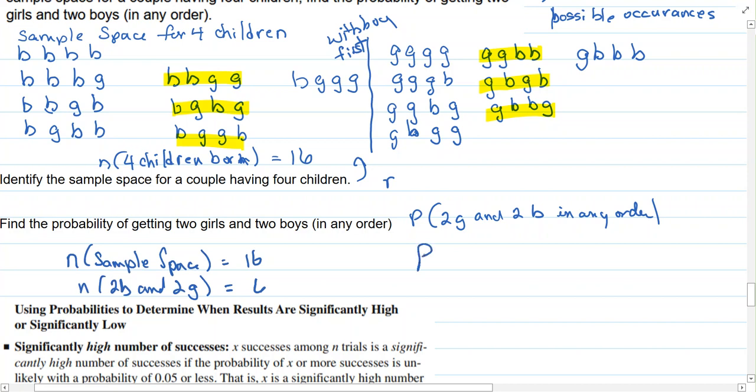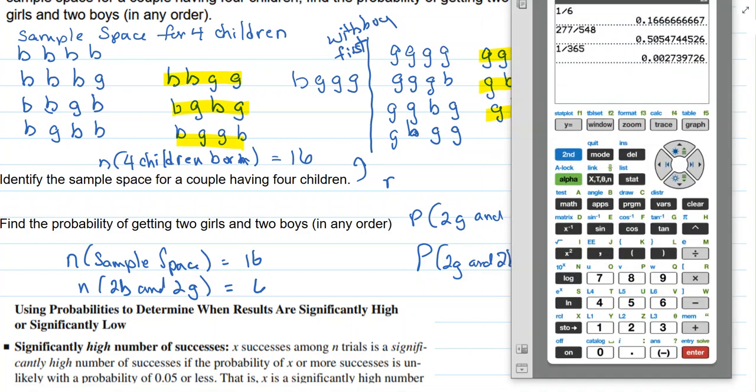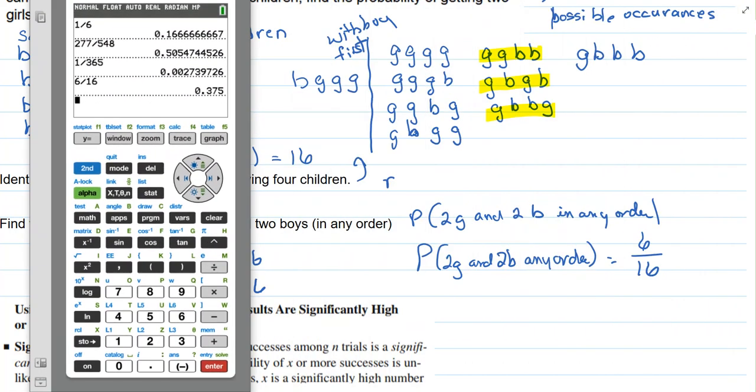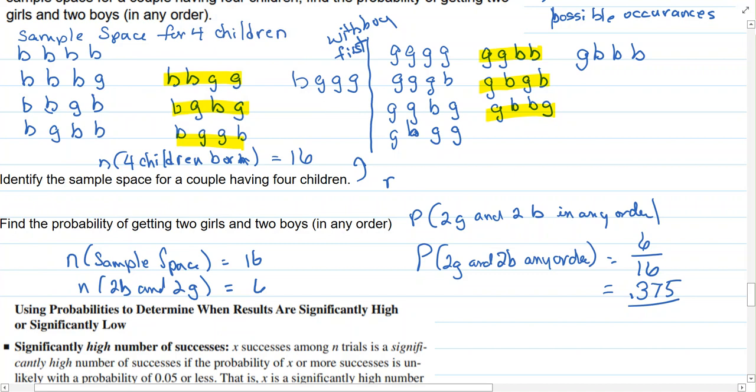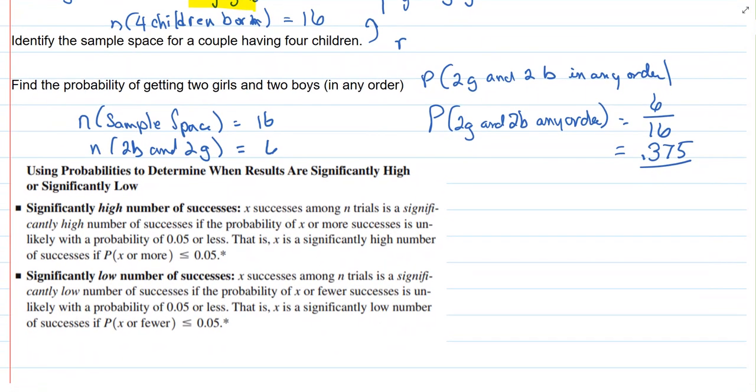So the probability of 2 girls and 2 boys, any order, is going to be 6 out of the 16. So now we're going to use our calculator. And I get decimal 0.375. So it's about 40% chance of getting what they wanted.